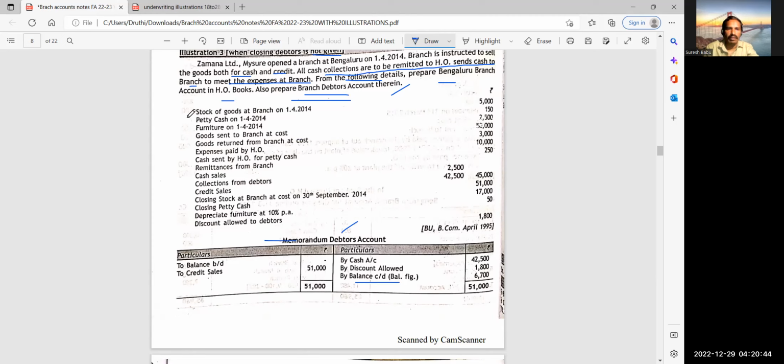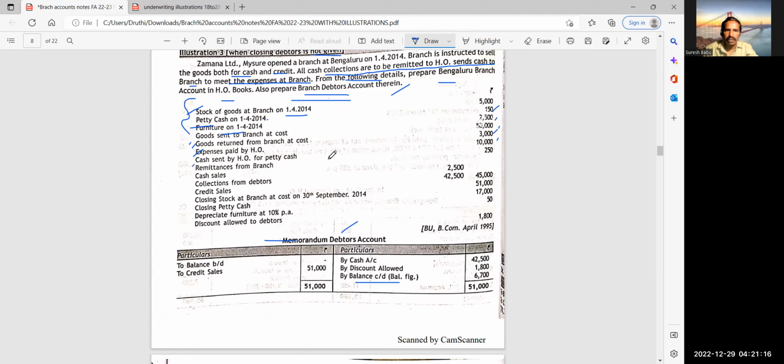Now see. Stock of goods, opening 5,000. Petty cash opening 150 rupees. Furniture opening 7,500 rupees. These are opening assets. Then goods sent to branch at cost 50,000. Goods returned from branch 3,000. Expenses paid by the head office 10,000.